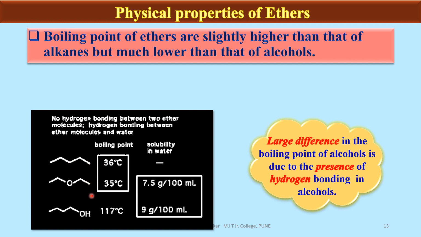As can be seen here, the boiling points vary. This contains 5 carbon atoms, whereas this contains 4 carbon atoms. If we increase the number of carbon atoms to 5, the boiling point will be slightly higher. The large difference in the boiling point of alcohols is due to the presence of hydrogen bonding in alcohols.